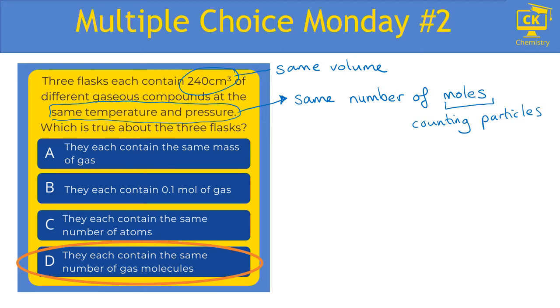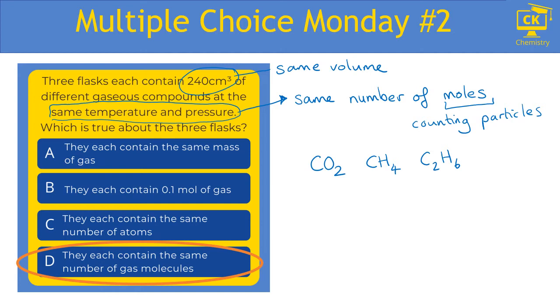I'm going to choose three compounds that I know are gases at room temperature. CO2 is an easy one to start with. Another easy one would be methane, CH4, and while I'm on alkanes, I might as well choose a different one, C2H6. All of those are gases at room temperature.